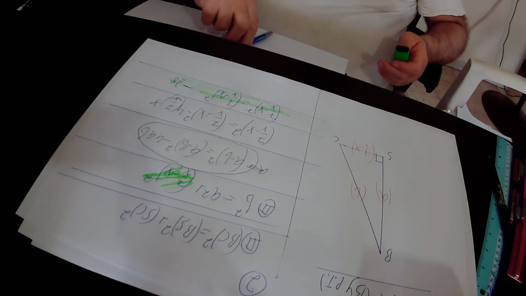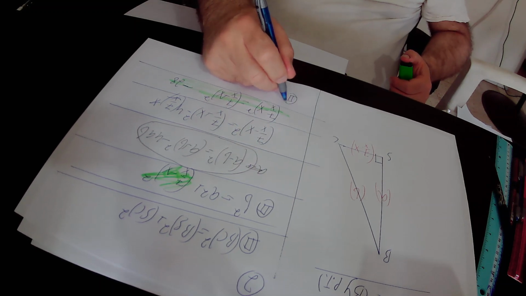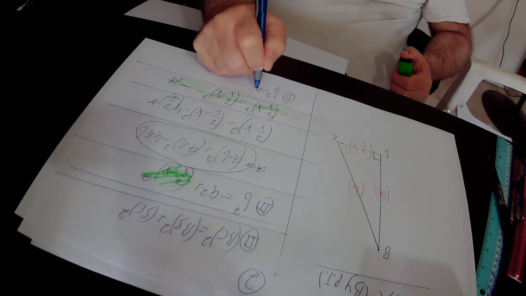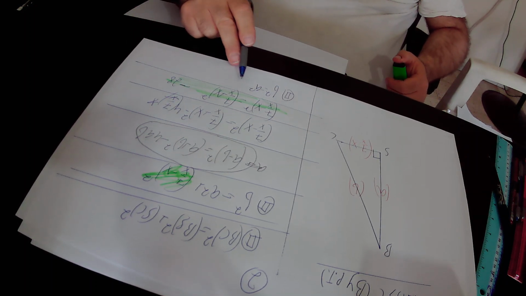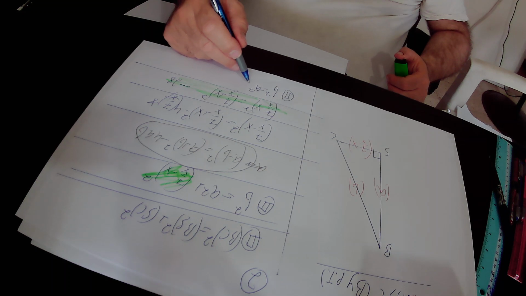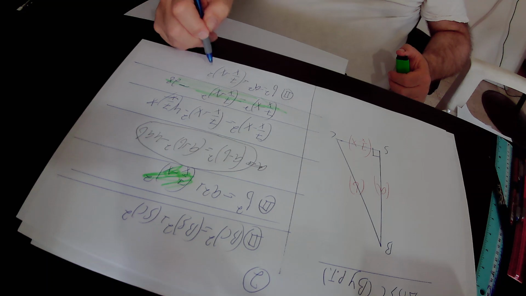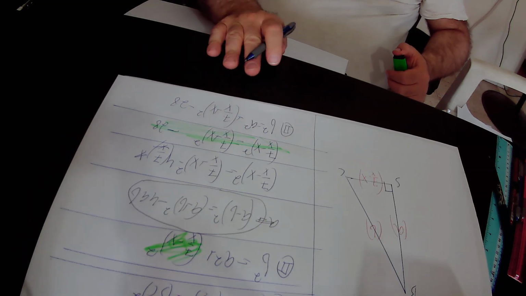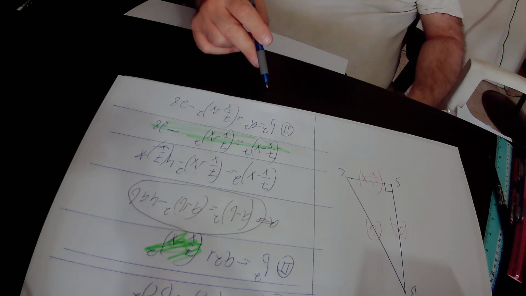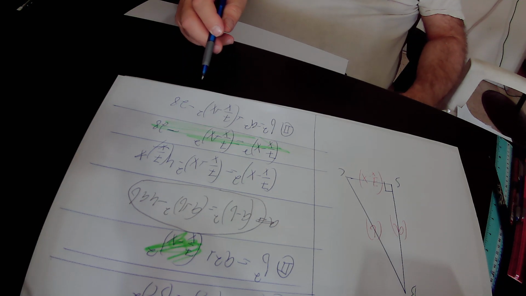We do it now, and according to equation 2, B squared equals A squared plus 7 over X plus X squared minus 28.